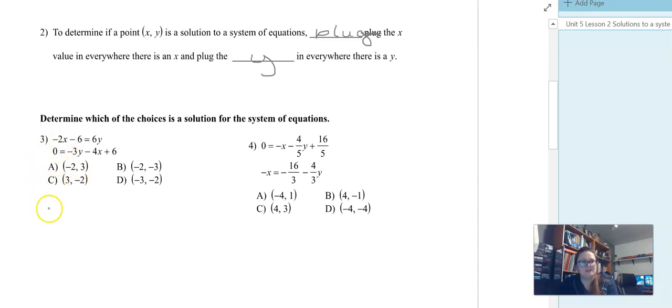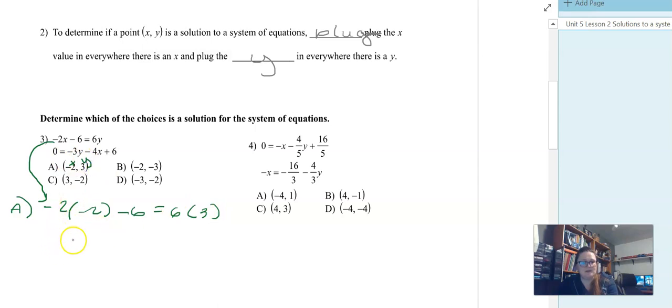So I'm going to start with A. For A, I'm going to take my first equation and rewrite it, but instead of x right here, I'm going to put -2, because this is x, and then -6 equals 6 times (3), because 3 is the y.